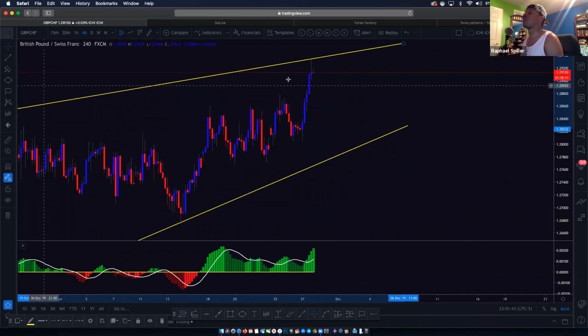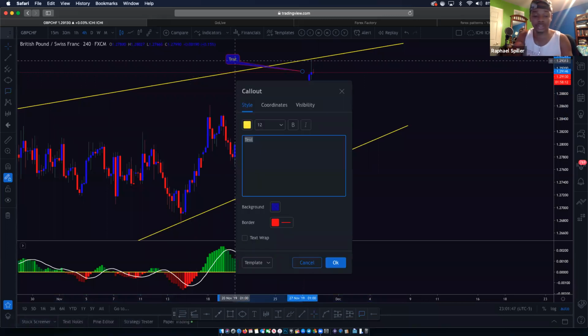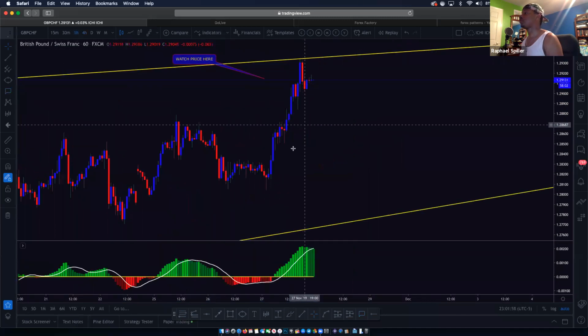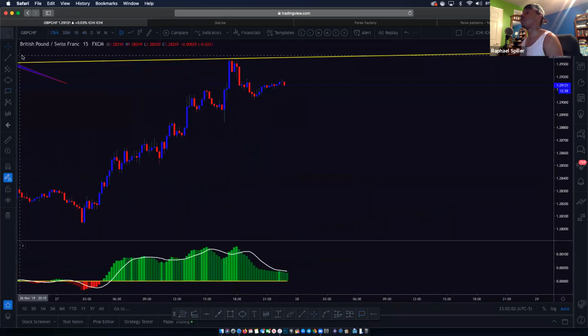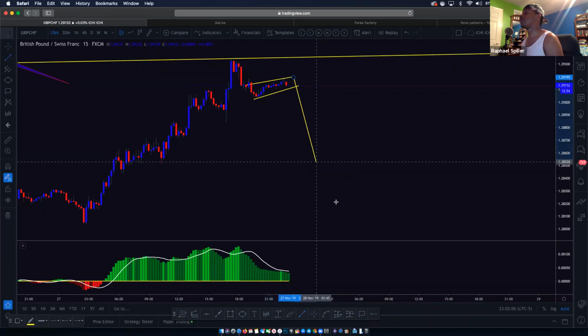So what we're going to do now is we're just going to watch price here. We're going to watch and see what happens. Is it going to continue up or is it going to drop? We're not getting any indication that it's going to do anything. It actually looks like on the 15-minute that this might sell off.